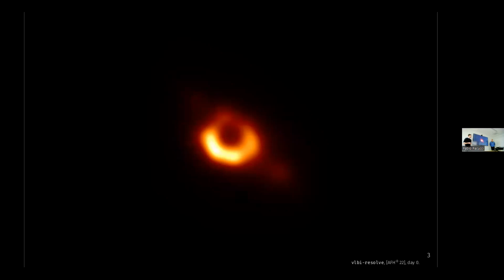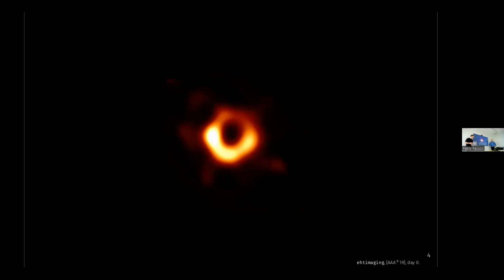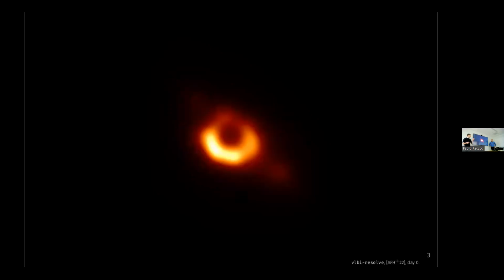We do get more or less the same structure that was already found by the EHT, which was reassuring to us. We get a slightly bigger ring and a slightly thicker disk. Overall, the image looks slightly more blurred.